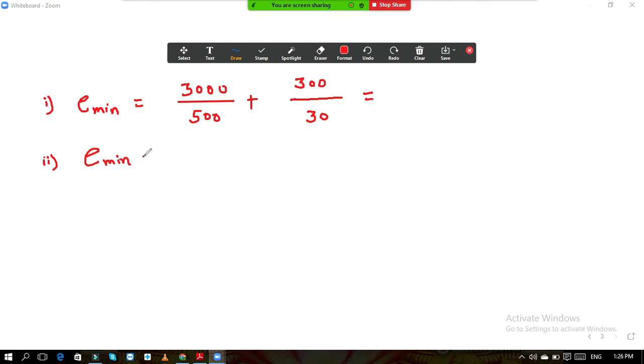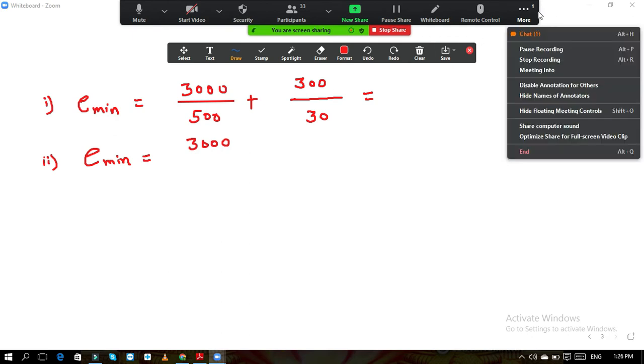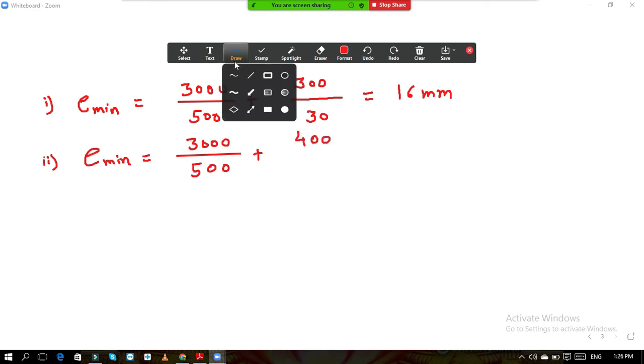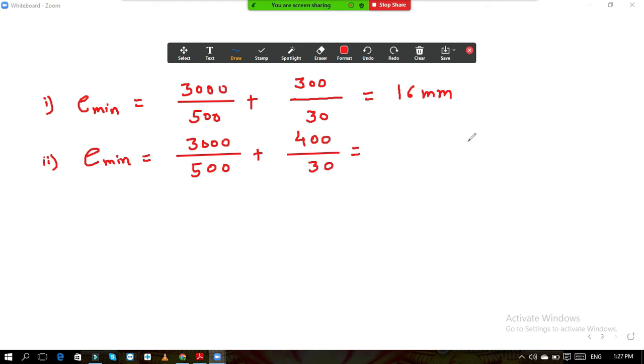Second, E minimum is equal to 3000 divided by 500 plus 400 by 30. So again do the calculation. The answer is 19.33 mm.